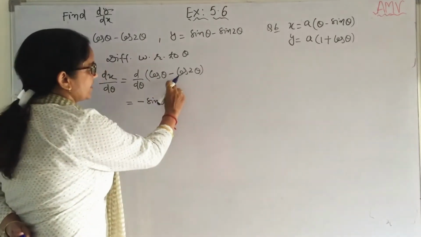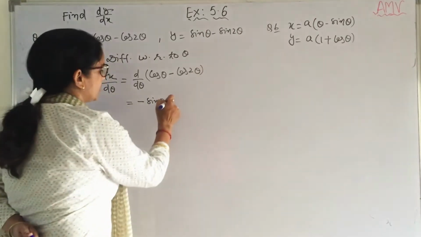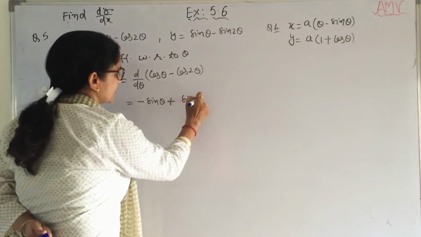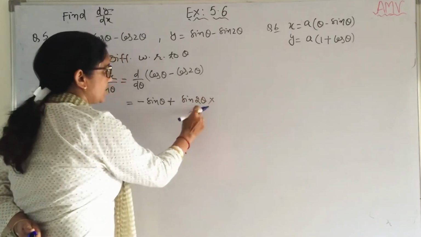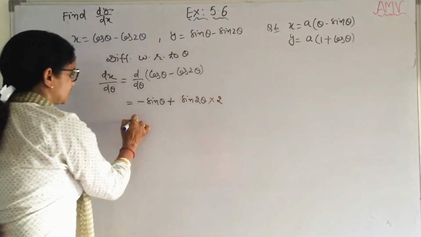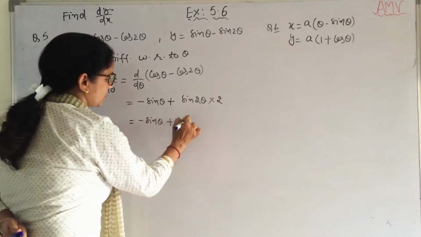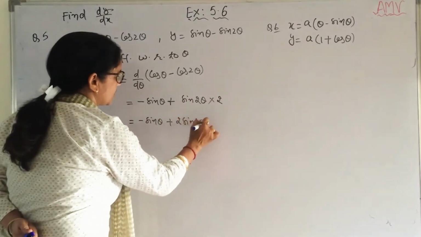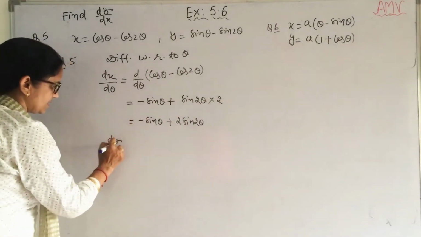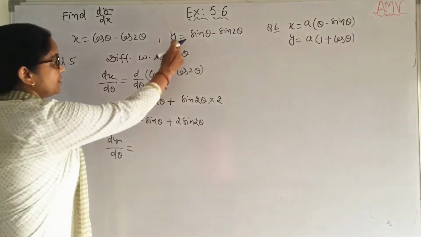Okay, and derivative of cos 2 theta, it is minus sin 2 theta. So write here plus. Okay, and here sin 2 theta. And now derivative of 2 theta, it is 2 only. So minus sin theta plus 2 sin 2 theta. Okay, and now find dy by d theta, derivative with respect to theta of y.